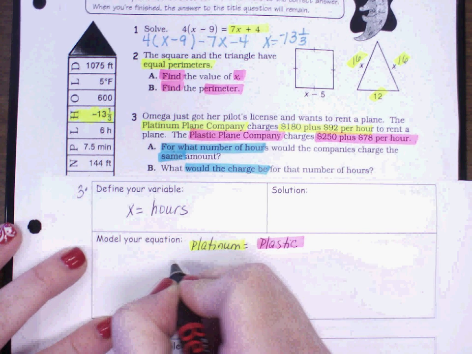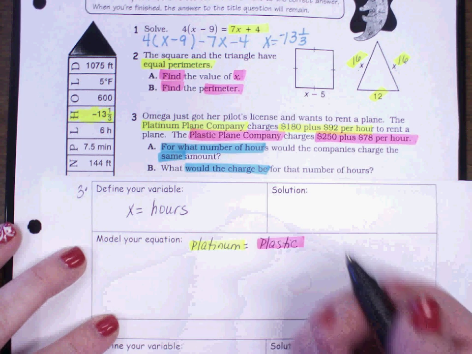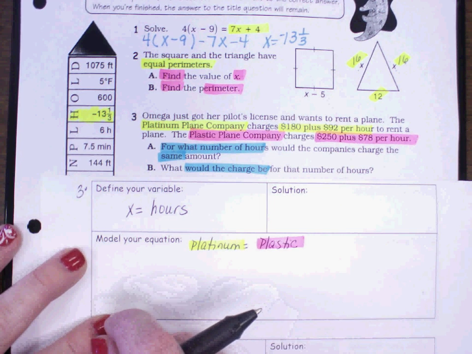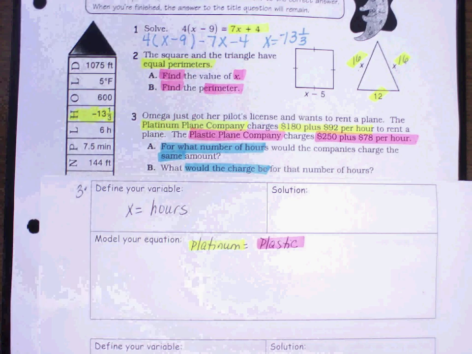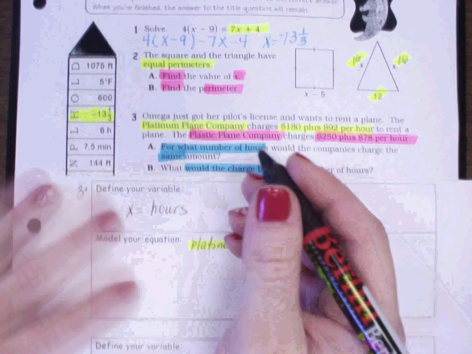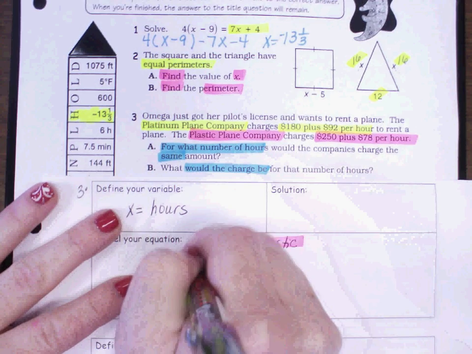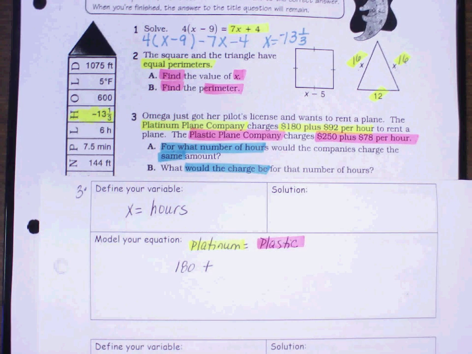All right, are we good? So what's platinum? 180 plus 92 per hour. How do I translate that? Come on, guys. How do I translate 180 plus 92 per hour? Let's chunk it.